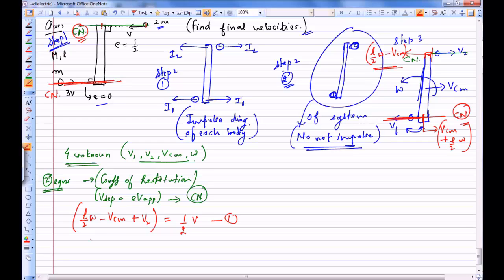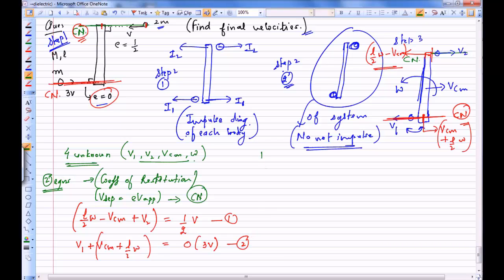So we can say V separation at this particular point just after collision is going to be V1 plus VCM plus L by 2 omega, which is equal to E, and E is going to be 0, into the velocity of approach. Velocity of approach is going to be 3V. That's our equation 2.